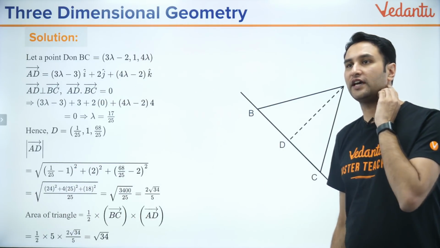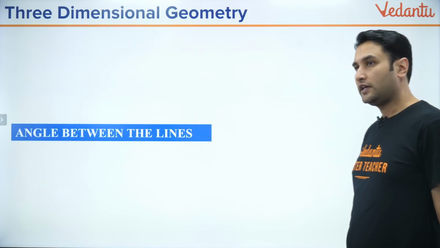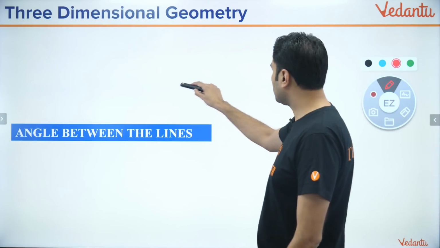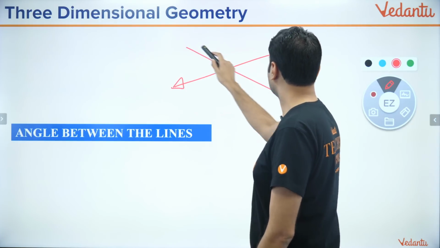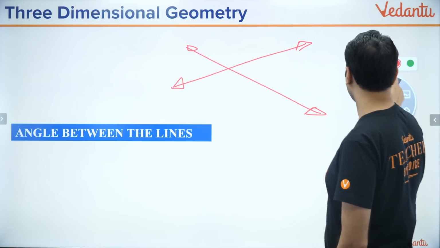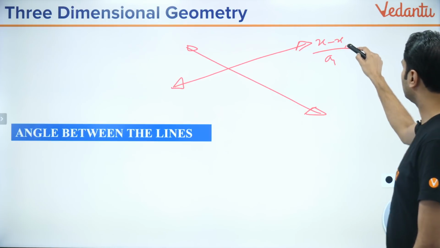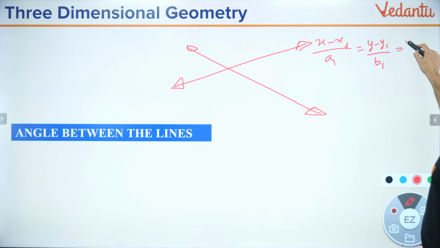नहीं बेटा, क्रॉस नहीं आएगा, क्रॉस का कोई यूज नहीं है यहाँ पे. Angle between the lines. Now let's look at the angle between the lines. Very simple. आपको दो lines दे दी. If two lines are given to you, say the equation of the lines is (x minus x1)/a1 = (y minus y1)/b1 = (z minus z1)/c1.